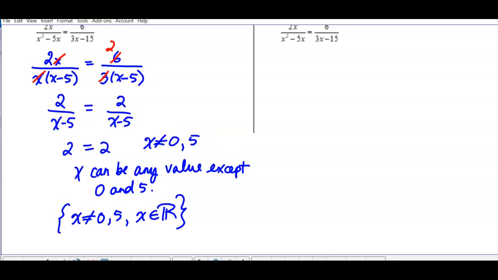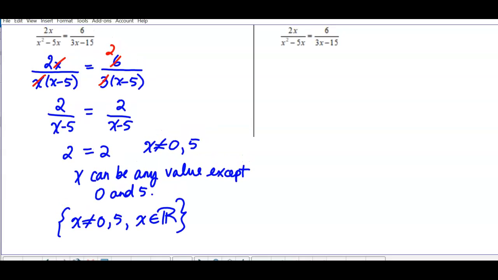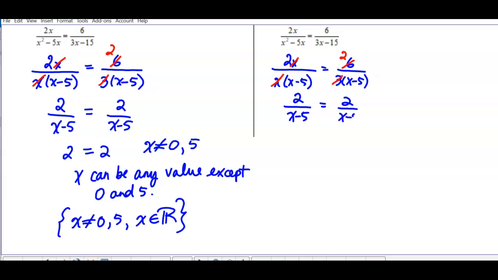Into the original. And so the only thing different here, you factor it. So the first steps are the same. Divide that out, that, and then your lowest common denominator, so this would be 2 over x minus 5 equals 2 over x minus 5.